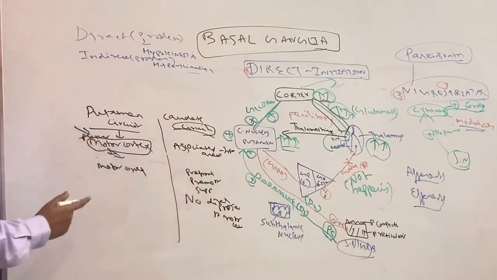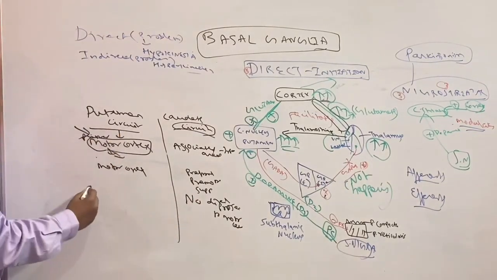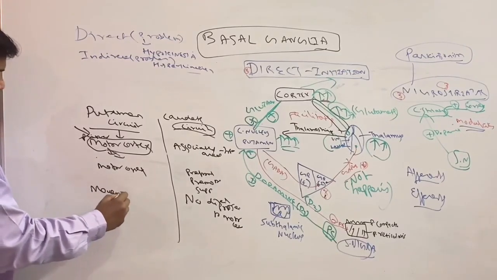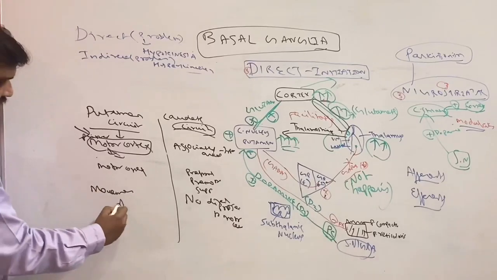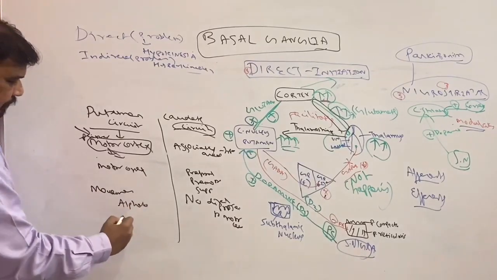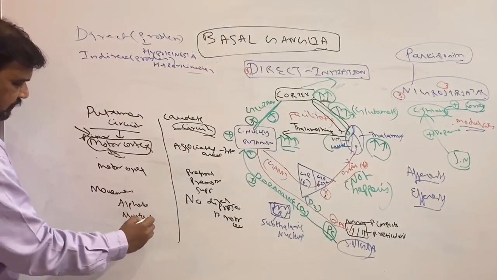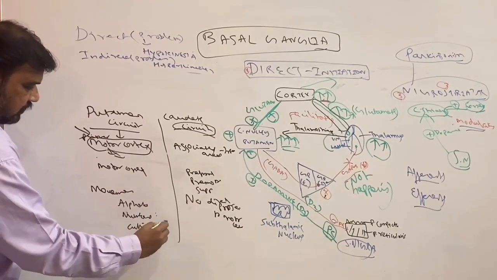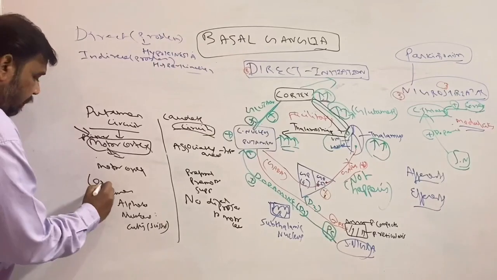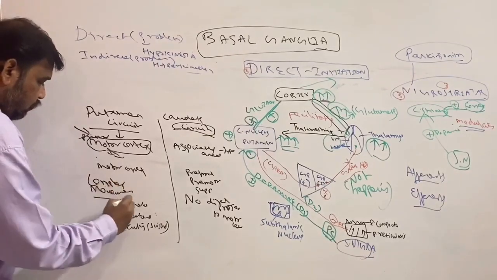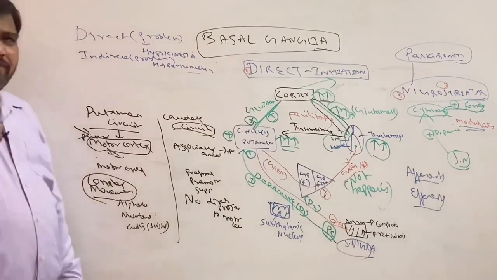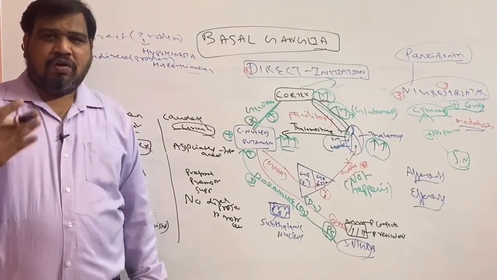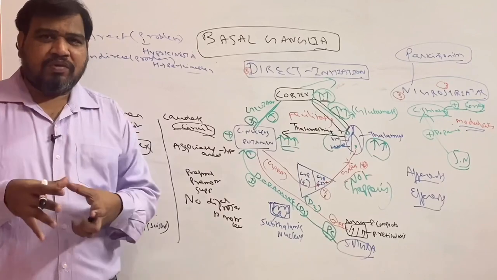The function of this putamen circuit is mainly associated with complex movements like writing alphabets, writing numbers, or cutting paper with scissors. All the main complex movements.